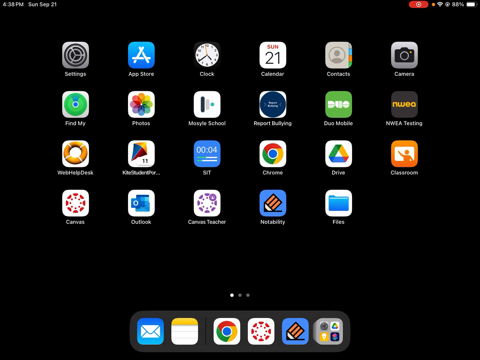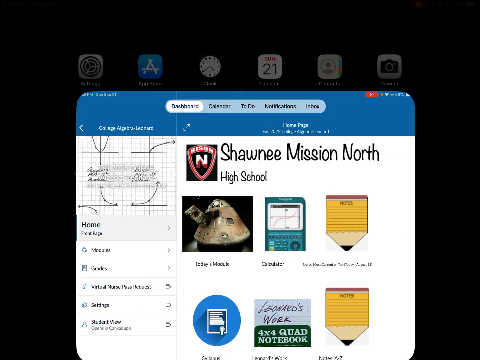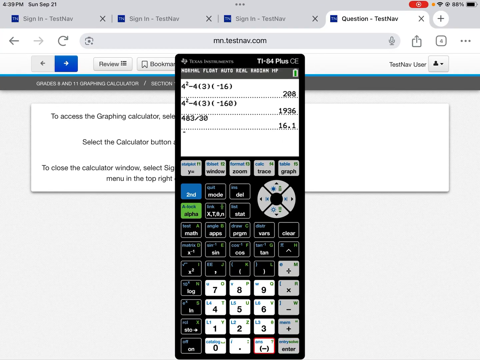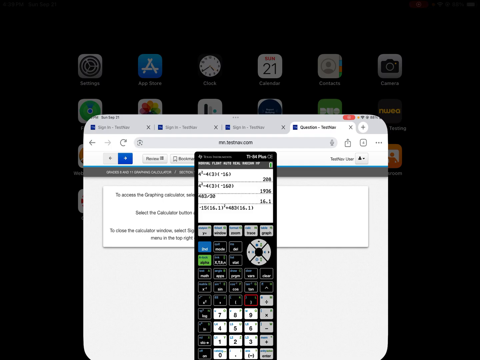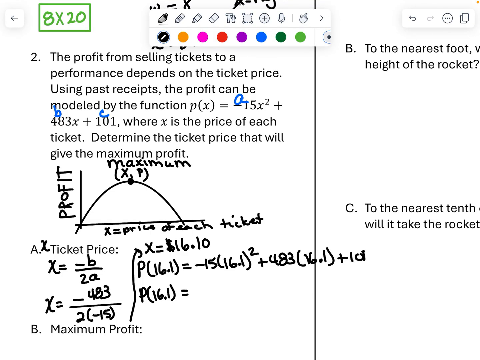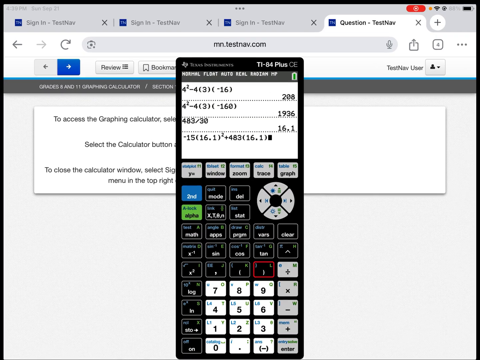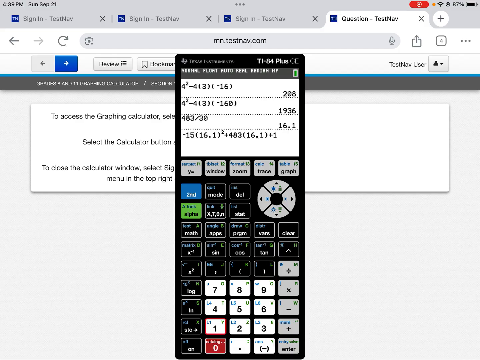Negative 15, parentheses, 16.1, close it, square it, plus 483, parentheses, 16.1, close it, I forgot the other number, plus 101.